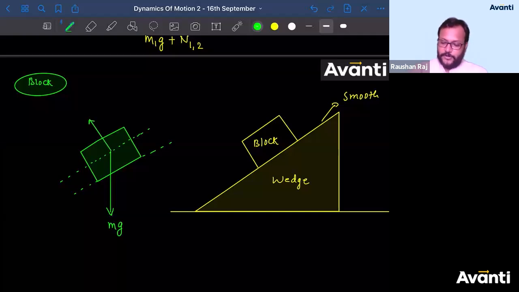So this will be the normal on the block due to the wedge, or let me call it N only, या फिर ऐसे लिखता हूं, NBW. ओके बच्चा लोग, तो ये हो गया हमारा NBW.